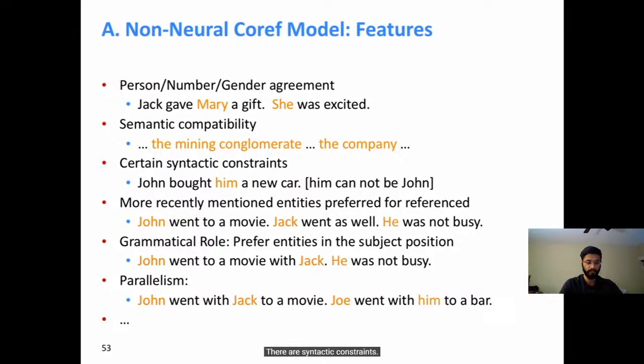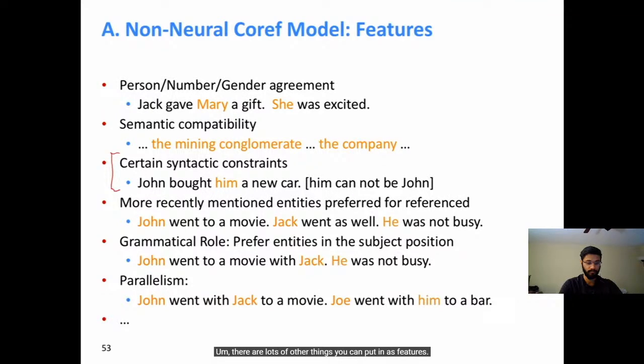There are syntactic constraints, which is what Hobbs' algorithm was all about, working out how likely a different syntactic configuration is going to mean co-reference. Indeed, a lot of these feature-based systems used Hobbs' algorithm as a feature inside the system that was weighted and was normally a very strong feature to decide co-reference.